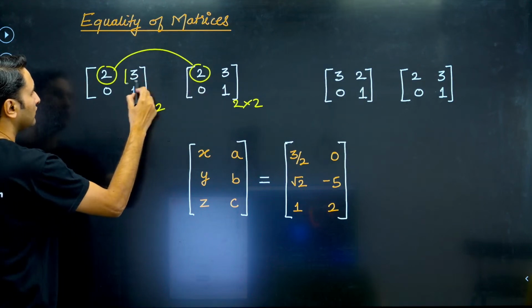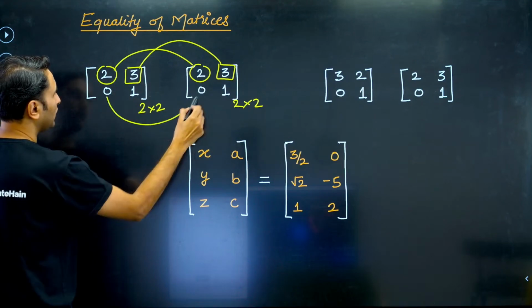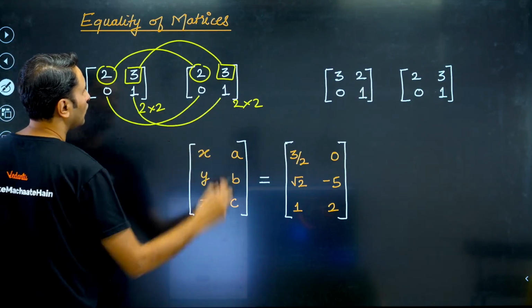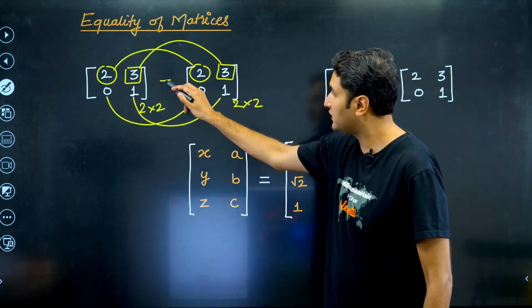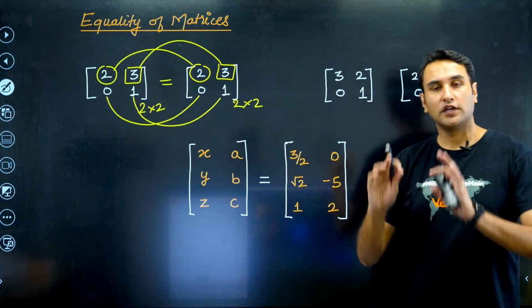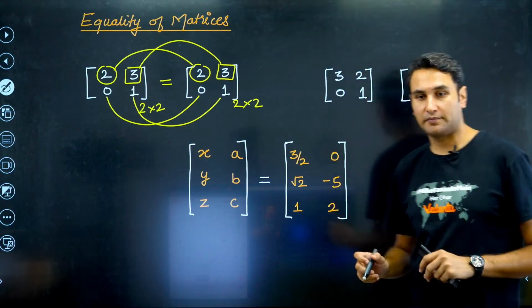This should be equal, this should be equal, this should be equal, and this should be equal. All should be equal. So are these two equal? Yes, these two are equal. Everything is same. Order is the same. Corresponding row column elements should also be the same.